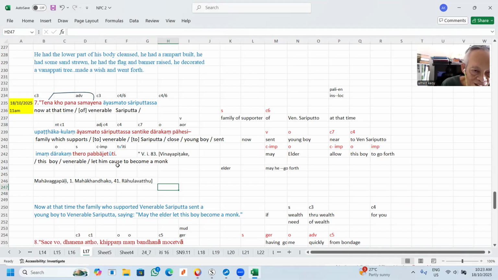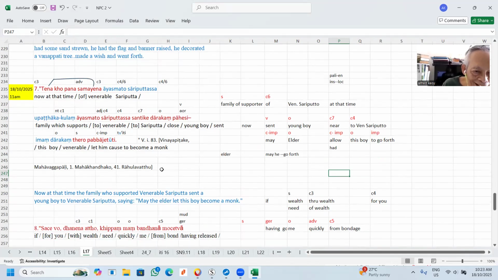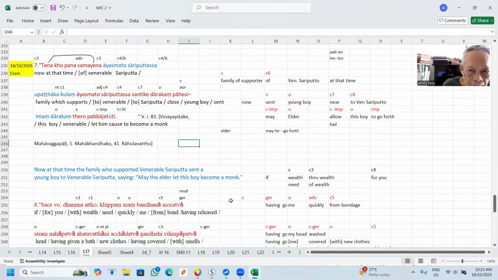The word and cause. Rather than may the elder had this boy go forth. It's better to use allow because had sounds a bit awkward. So don't use had, use allow. Change a little bit here and there, no problem. Any remark and question on this?